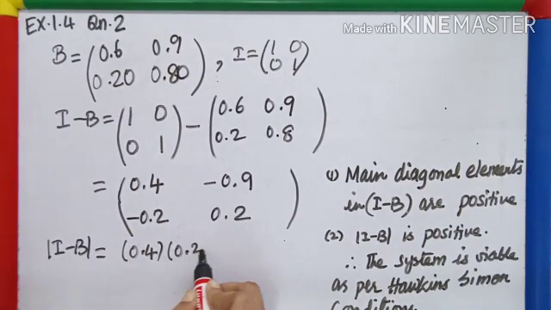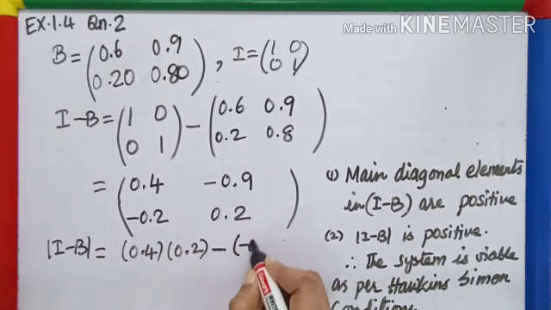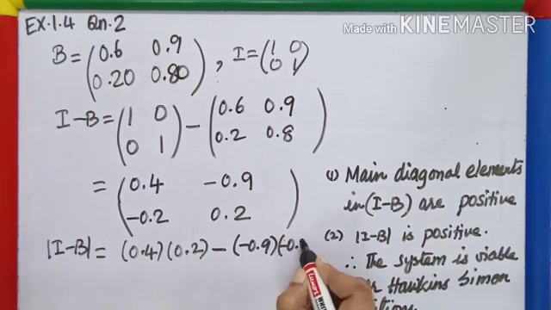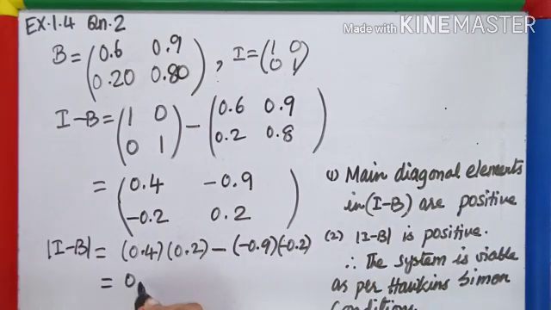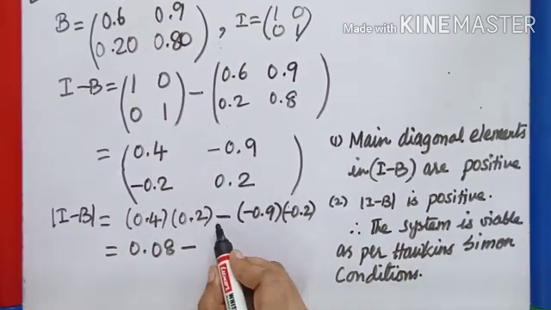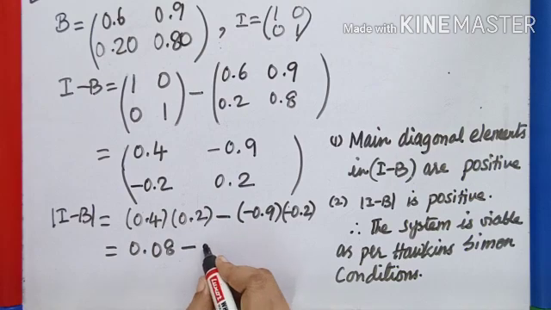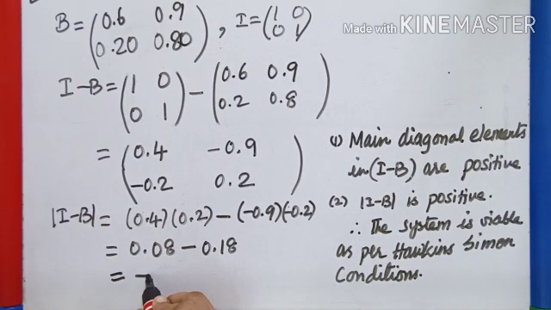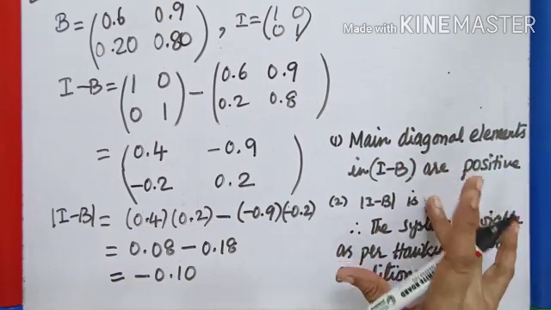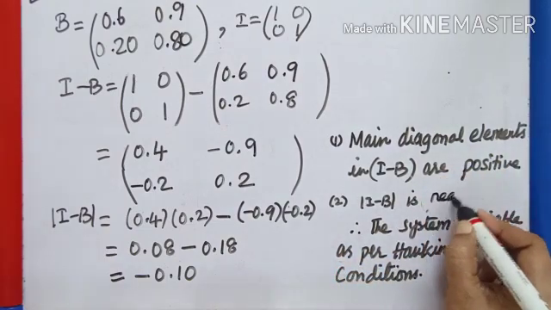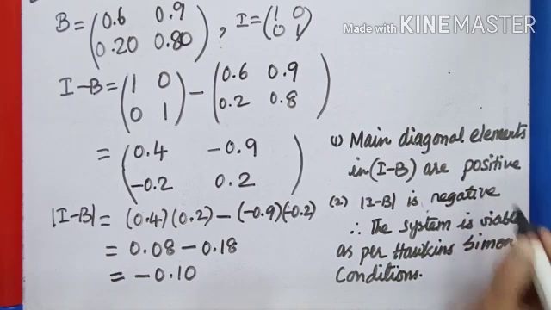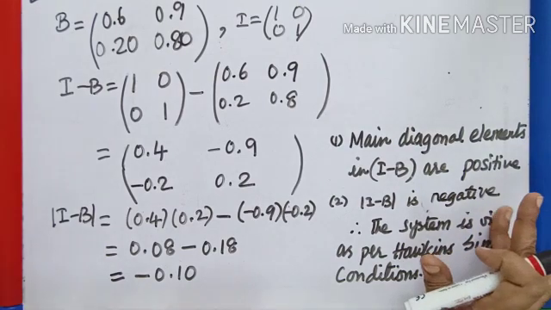0.4 into 0.2 minus 0.9 into minus 0.2. It is 0.08, minus into minus is plus 0.18. My answer is minus 0.10, which is negative. So we will say determinant of I minus B is negative, and hence the system is not viable.